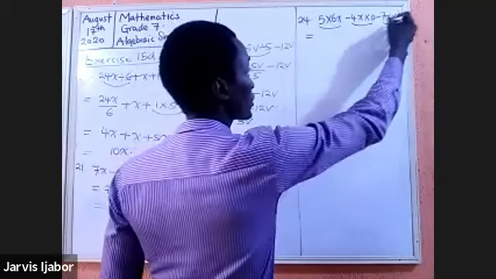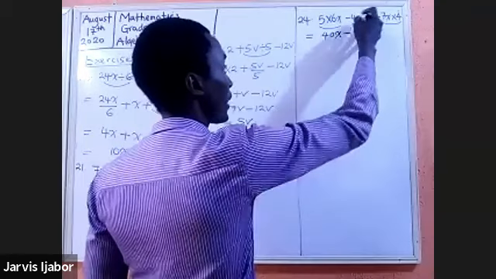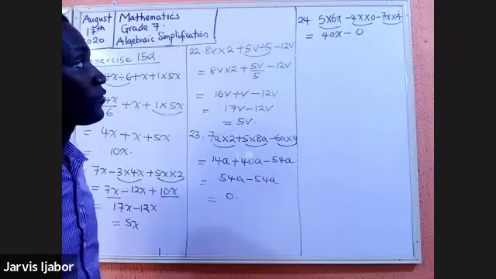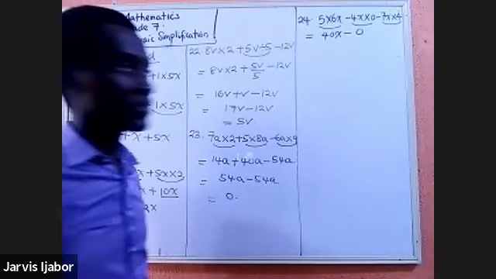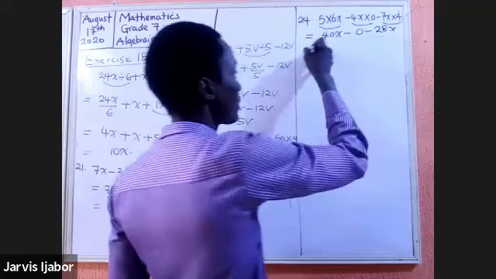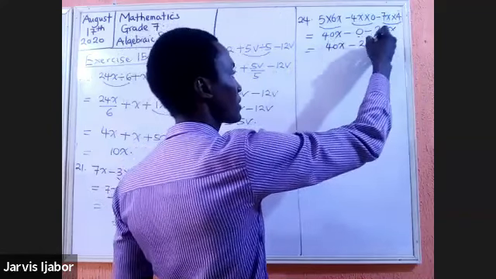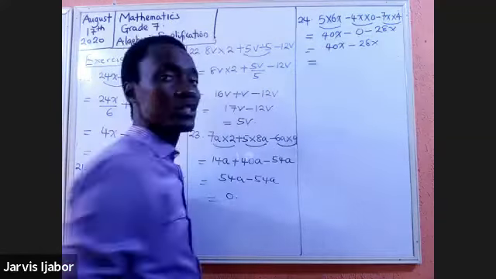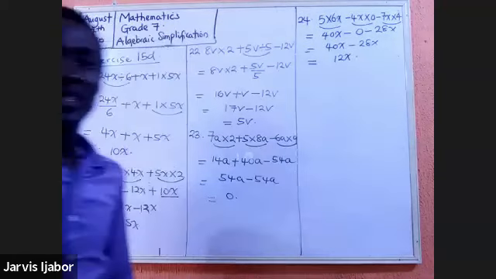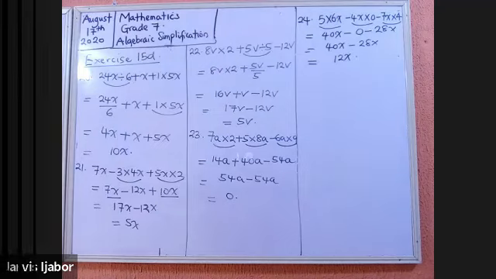Now look at this carefully. You treat the multiplications. This will give me 40x minus 0. How do you know that? Anything multiplied by 0 will be 0, and minus 28x. This will be 40x minus 28x. What is 40 minus 28? That will give you 12x. So with that, we have come to the end of exercise 15D.